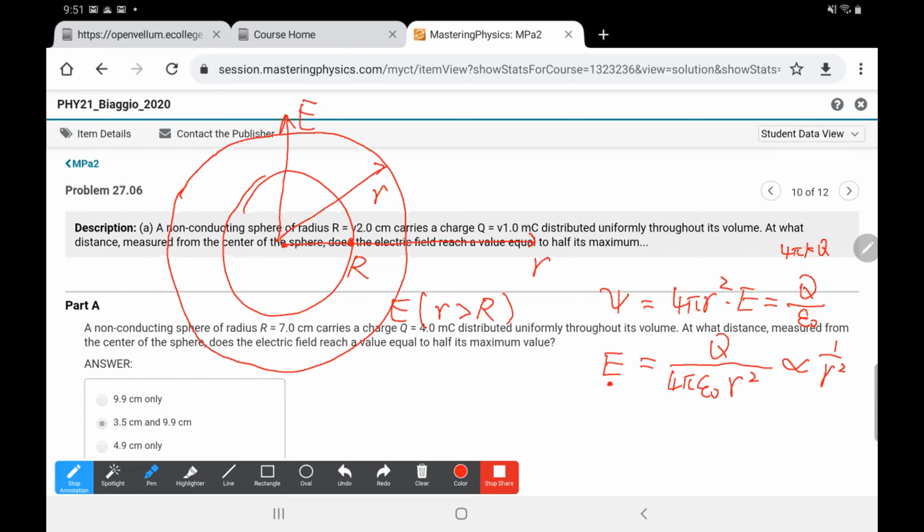So outside of the sphere, the electric field, this is the radius of the sphere, outside the sphere, the relation of E versus r is 1 over r squared. Right? It is 1 over r squared. Okay, this is the electric field distribution outside the sphere.